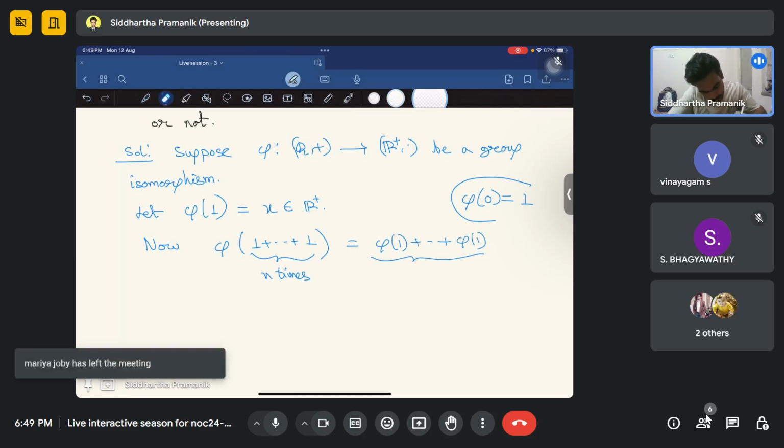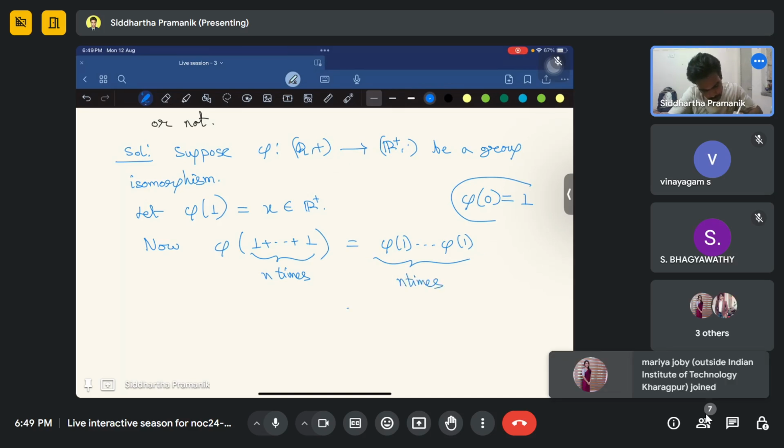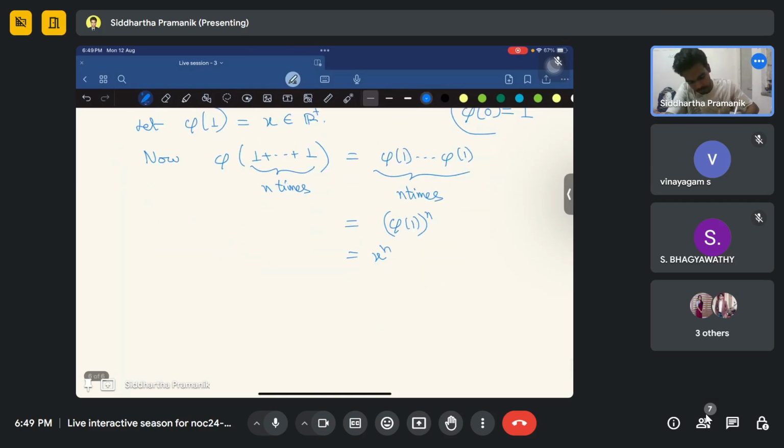Sorry, in the right hand side we cannot add, we will multiply. So phi of 1 is the same as phi of 1 power n, that means x power n, right? So phi of n is equal to x power n for all natural numbers.